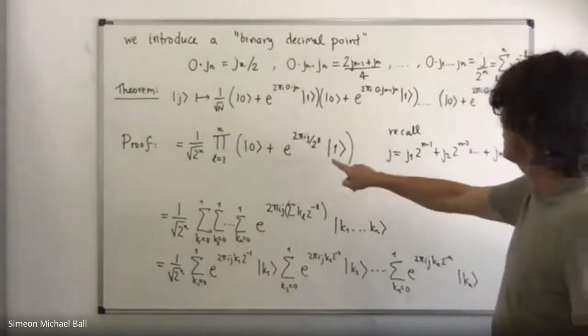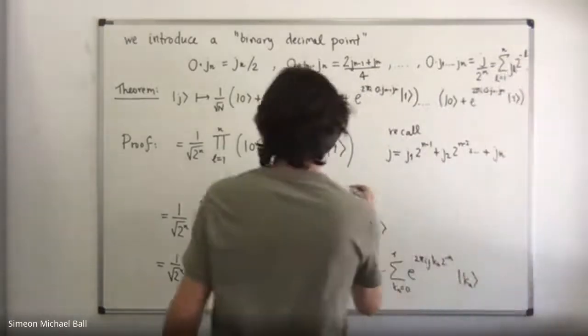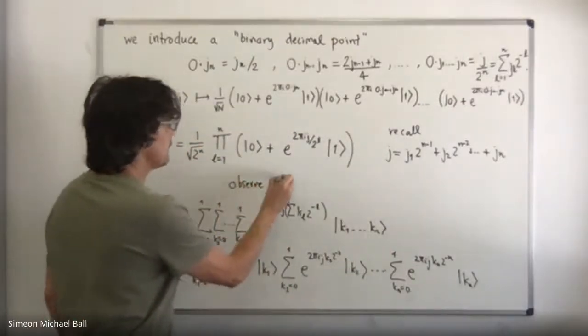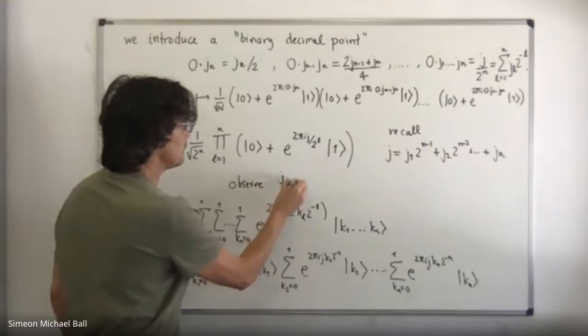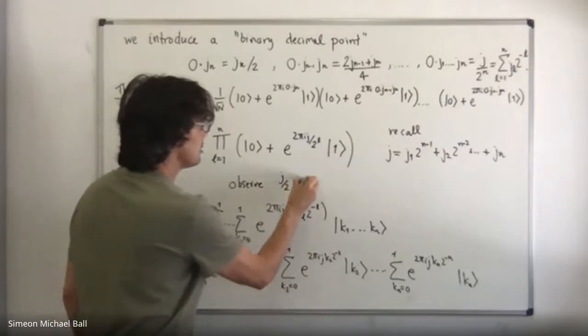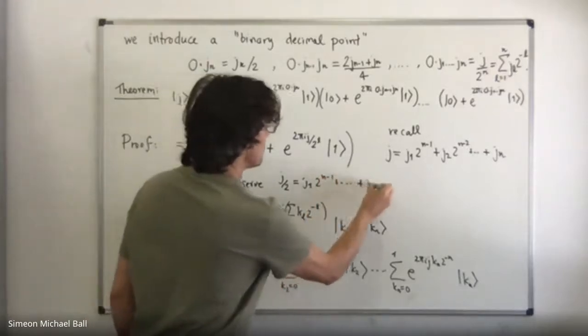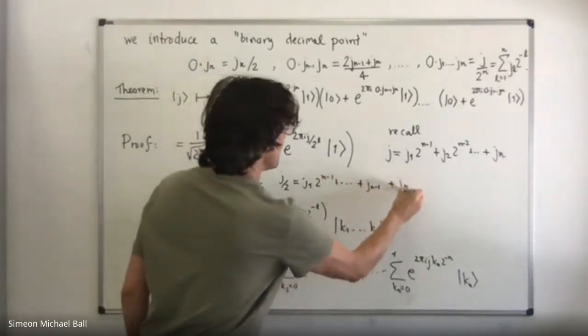And in the second term, so let's just observe, let's write that up. Observe j divided by 2 is j1 2 to the n minus 1 plus jn minus 1 plus jn divided by 2.